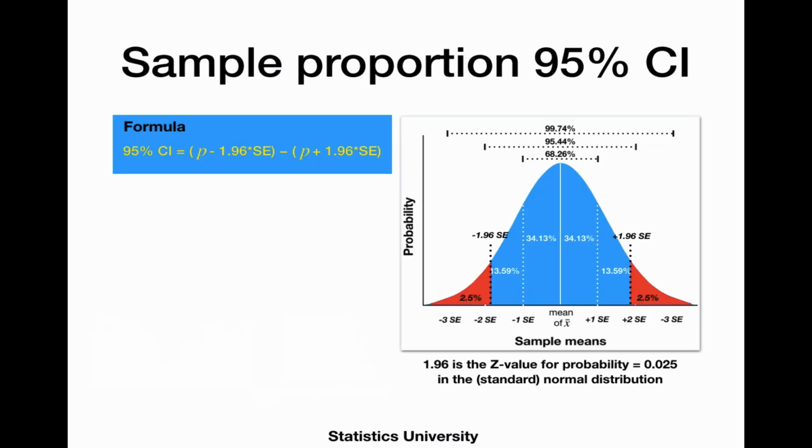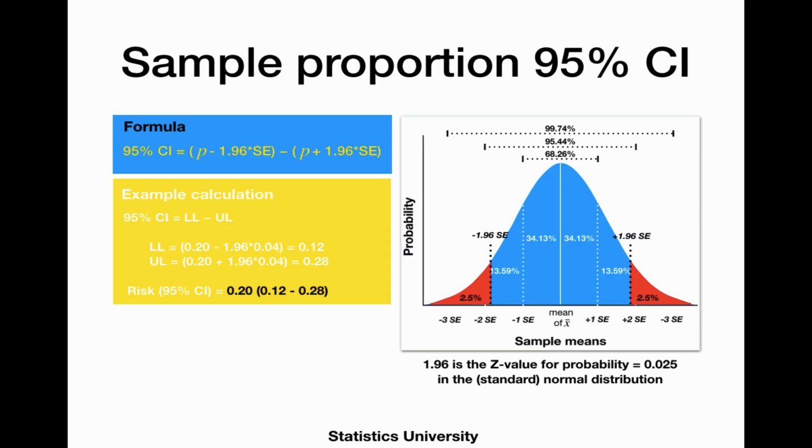And also, our way of calculating a 95% confidence interval for proportion is pretty similar to that of a mean, but instead of the sample mean, we use the sample proportion here, and then subtract 1.96 times the standard error and add 1.96 times the standard error.